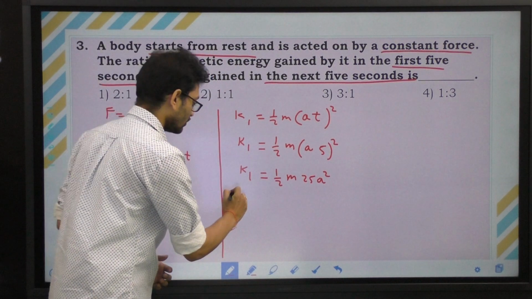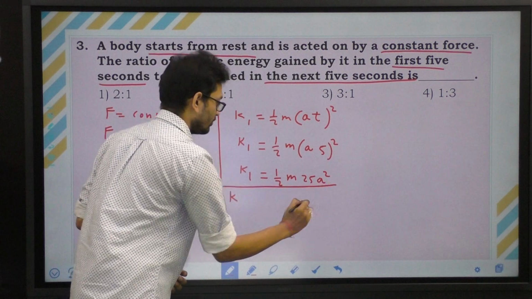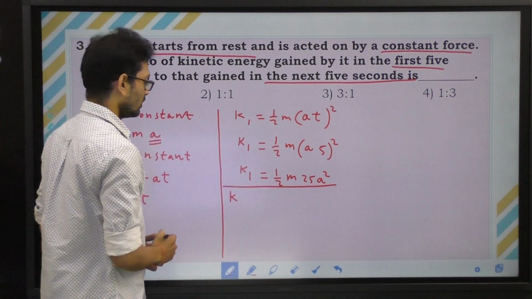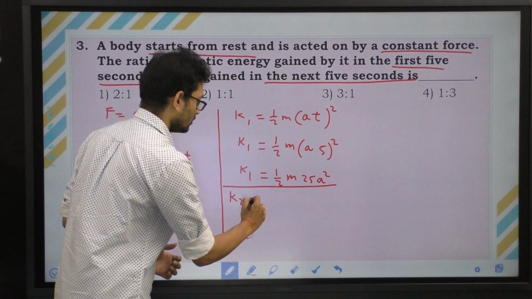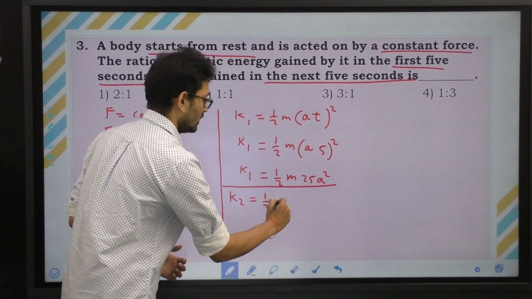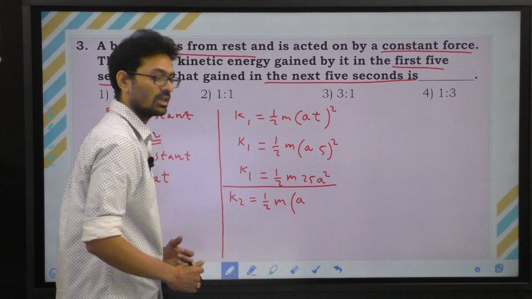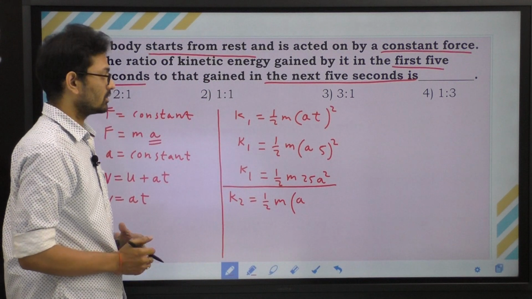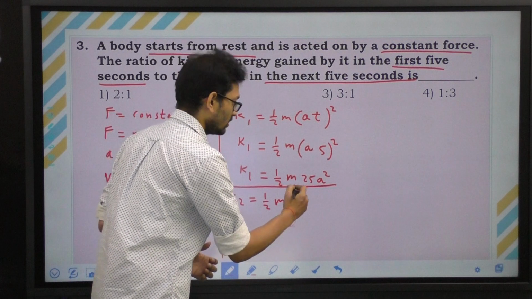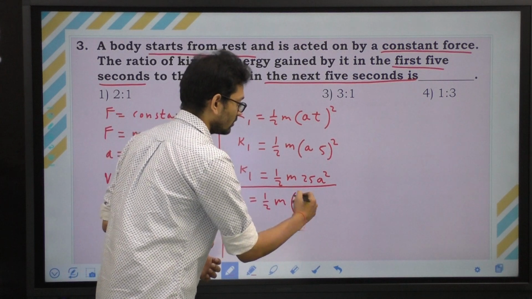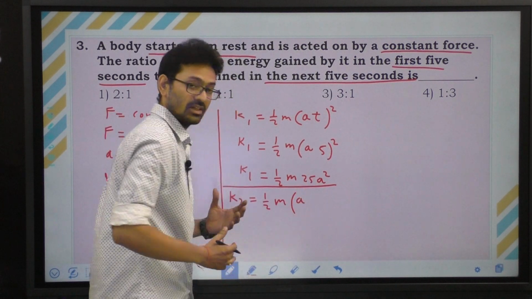Let us find for K2 now. K2 equals half m A squared, and this time you have a change in time.